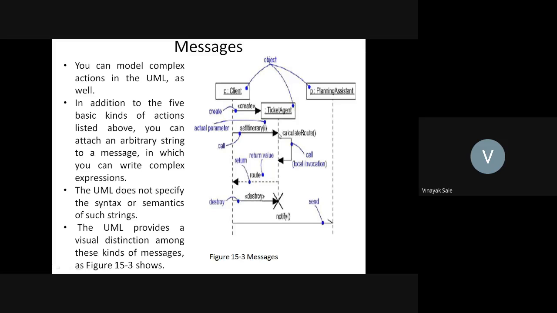So the ticket agent calculates route. There is a call, that is a local invocation, calling itself again. Then it returns a value, the route. If it is not okay, then destroy, and the client communicates with the planning assistant to notify, sending a message.